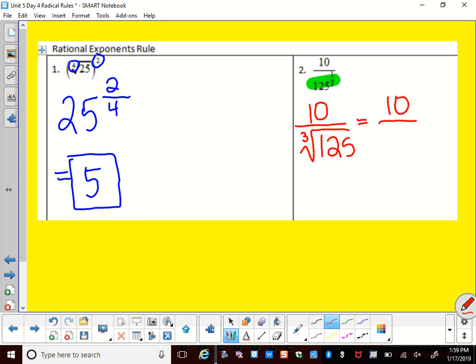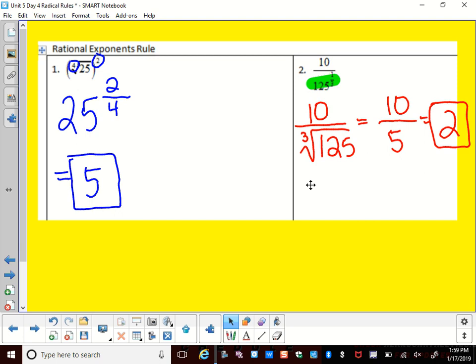All right, let's leave the top as it is. What is the cube root of 125? 5. And so 10 divided by 5, I'm just breaking this up bit by bit. You should get 2. If you wanted to grab your calculator and type in 125 to the power of 1/3, you would have still got 5. You don't have to change it into the radical. I was just showing you that that's an option.